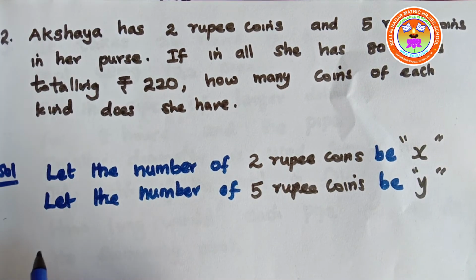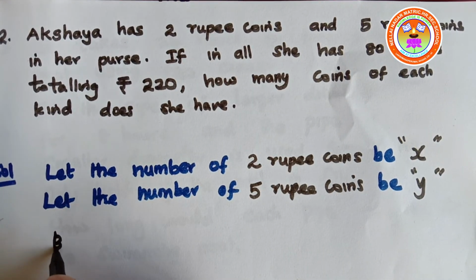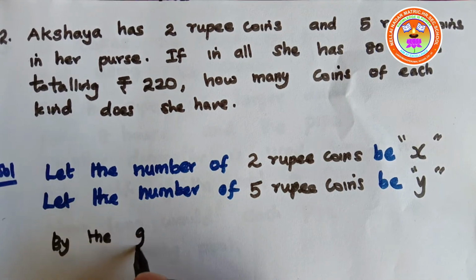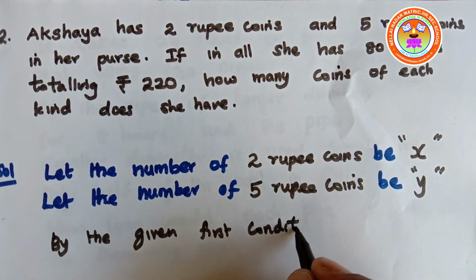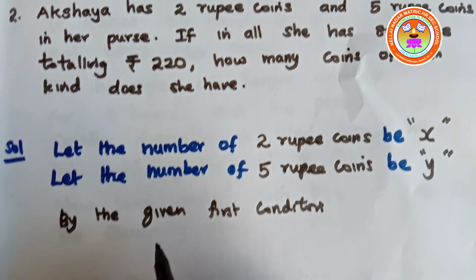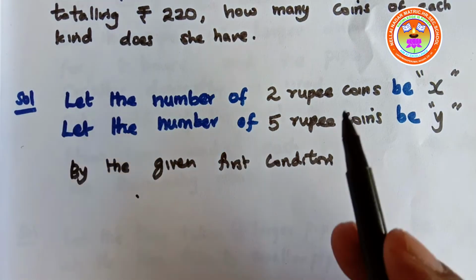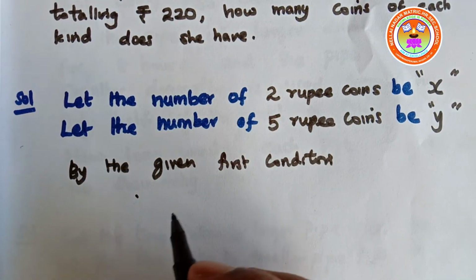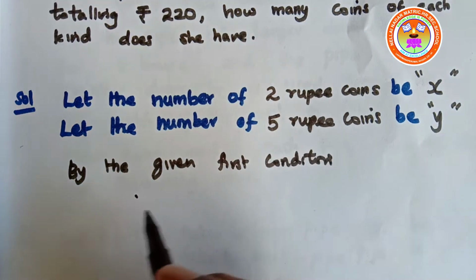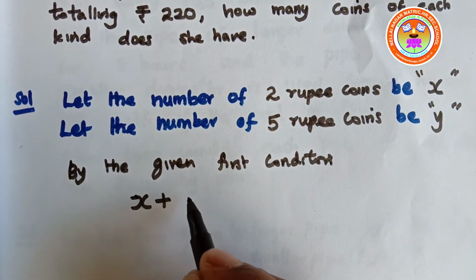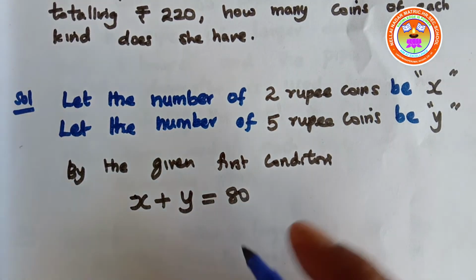Now by the given first condition, 2 rupee coin is x and 5 rupee coin is y. So total coins is what? 2 rupee coins and 5 rupee coins is 80. You consider this as equation number 1.